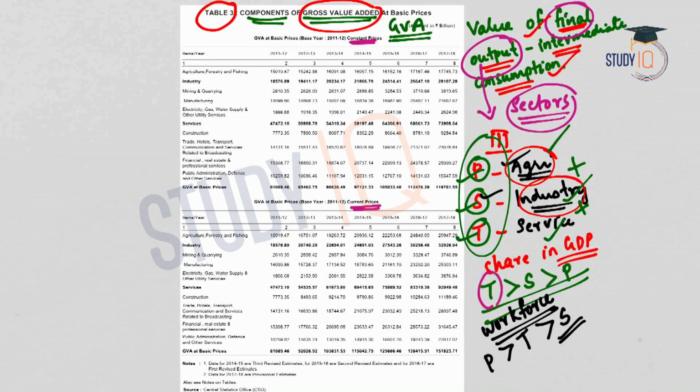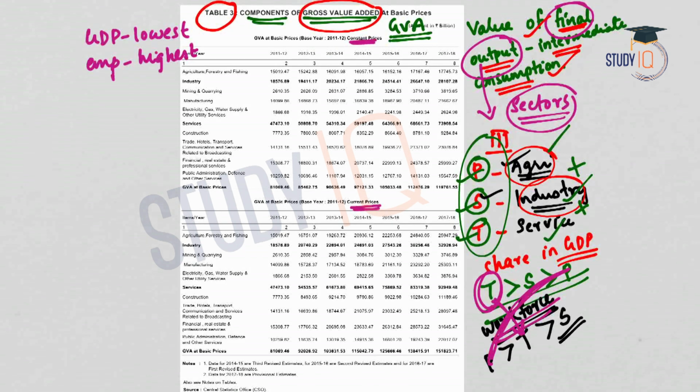The tertiary sector contributes maximum to the GDP, but it is only second when it comes to employment generation. But the biggest difference is seen in the primary sector. That is the biggest irony. What is the case with the primary sector? It contributes the lowest to the GDP. But when it comes to employment generation, the primary sector contributes the highest.